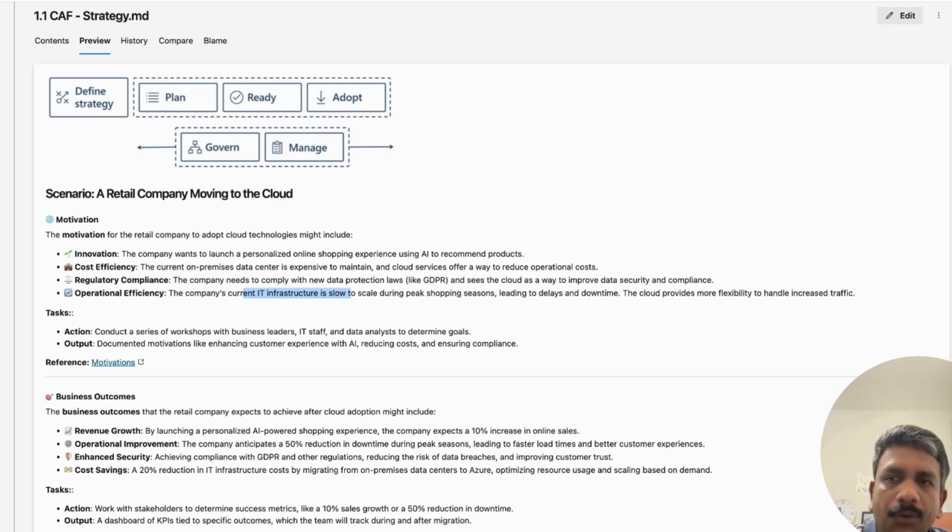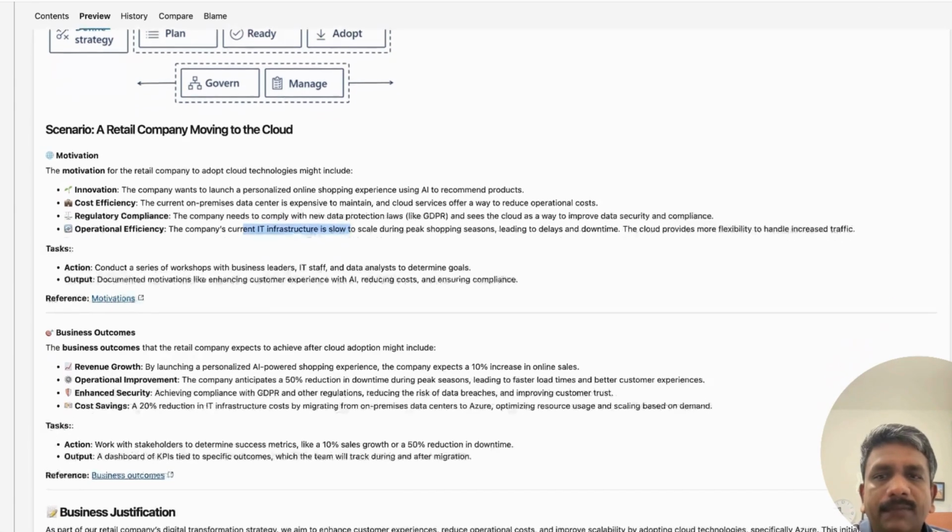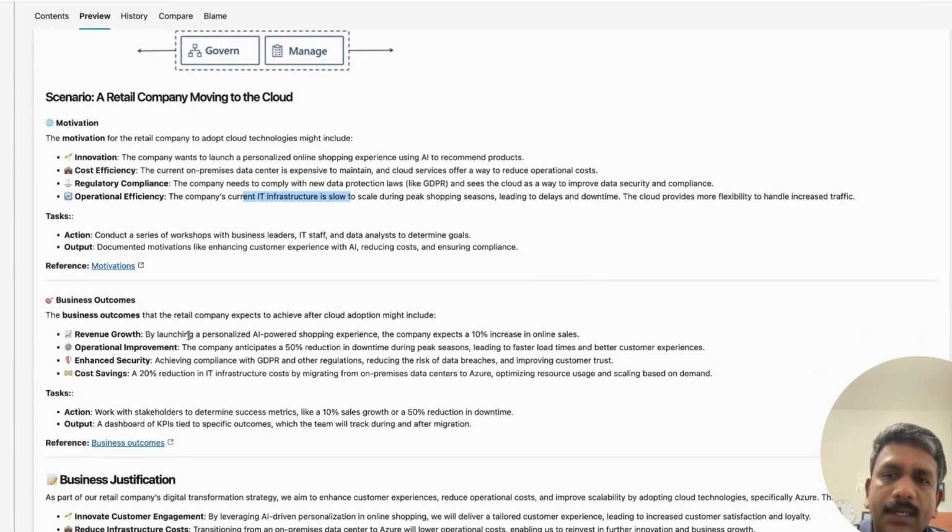So you probably wanted to utilize the cloud to optimize your operational efficiency. So basically, in the motivation, you have to conduct a series of workshops with your business leaders and understand why you really want to migrate to cloud, right? So that will be the input for your business outcome.